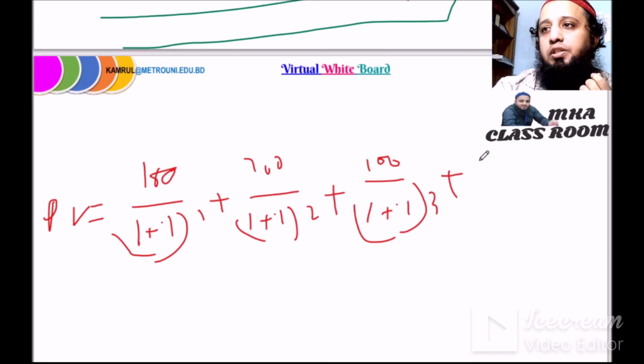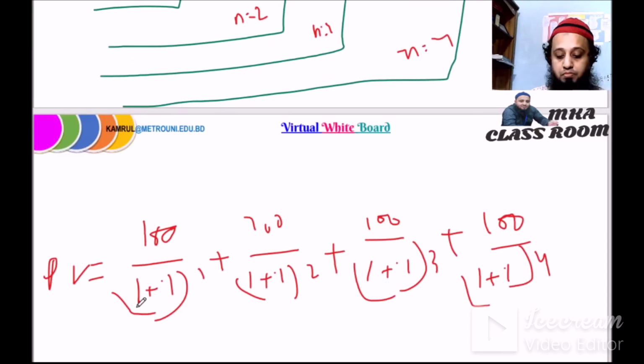Then you can press it on your calculator. What would be the result? 100 divided by 1.1 power 1, plus 100 divided by 1.1 power 2, plus 100 divided by 1.1 power 3, plus 100 divided by 1.1 power 4.